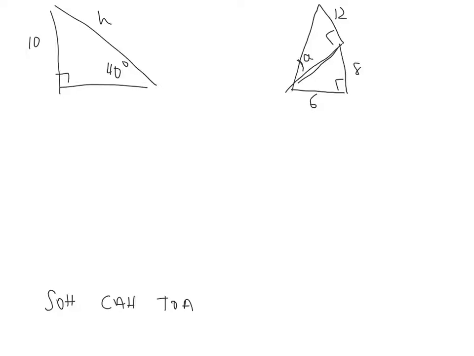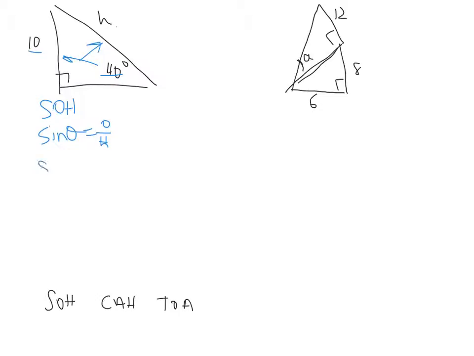Okay, so let's have a look at our first problem here. We've got an angle, that's our theta, and as well as that we've got an opposite side length because it's furthest away. We've also got our hypotenuse because it is opposite the right angle. Now because we've got opposite and hypotenuse, we're going to use SO, which tells us sine of theta equals opposite over hypotenuse.